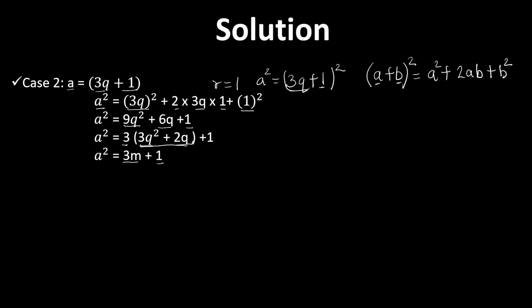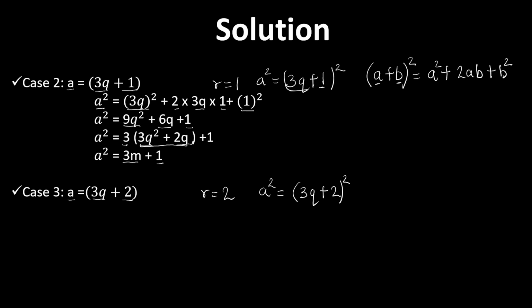Now let's look at the third case where remainder is equal to 2. So in case 3, we will write down the positive integer a as 3q plus 2. Here remainder is equal to 2. So if you take a square on both the sides, it will become a square is equal to 3q plus 2 whole square.